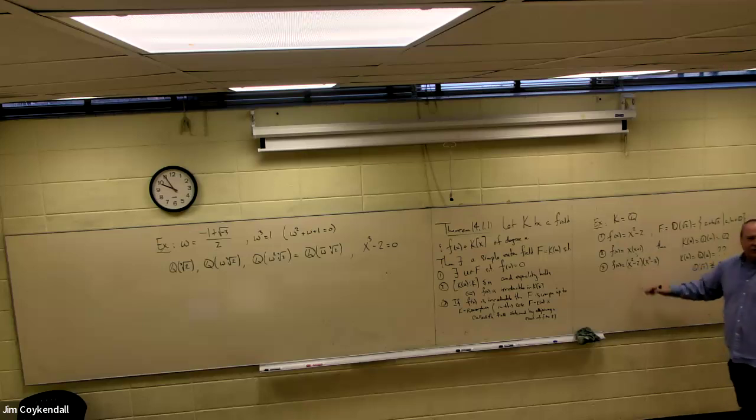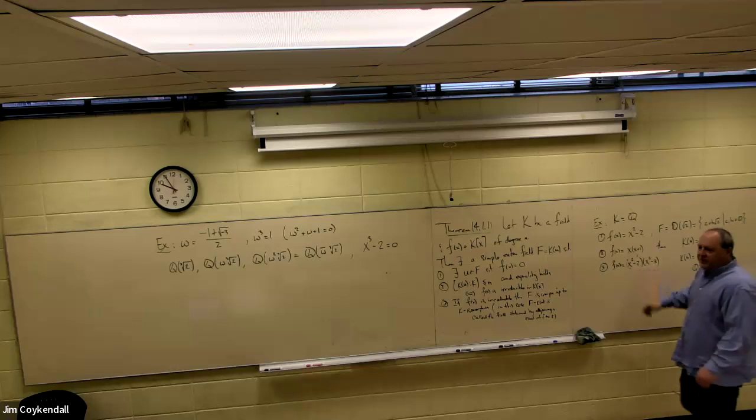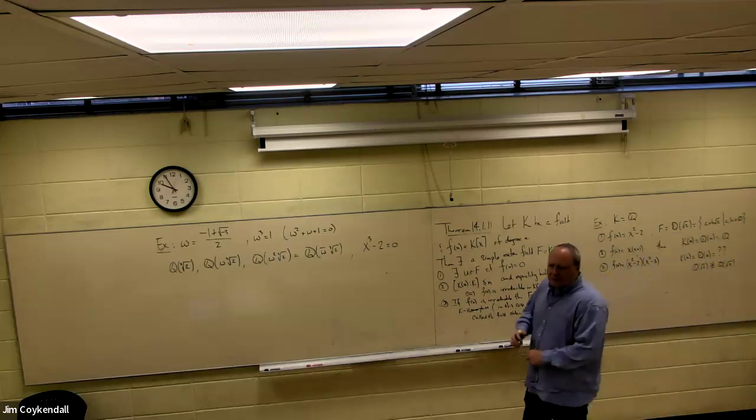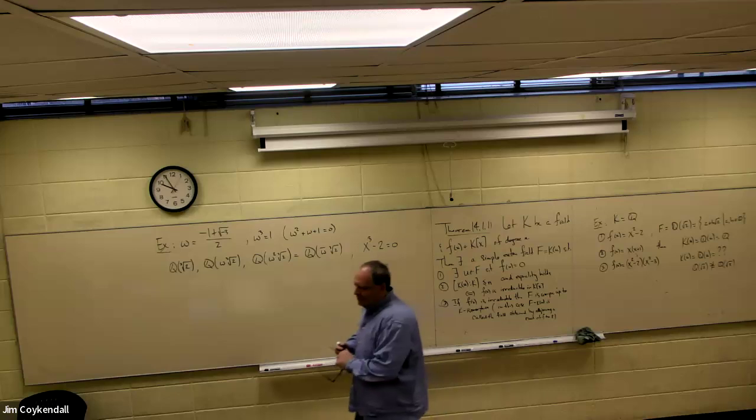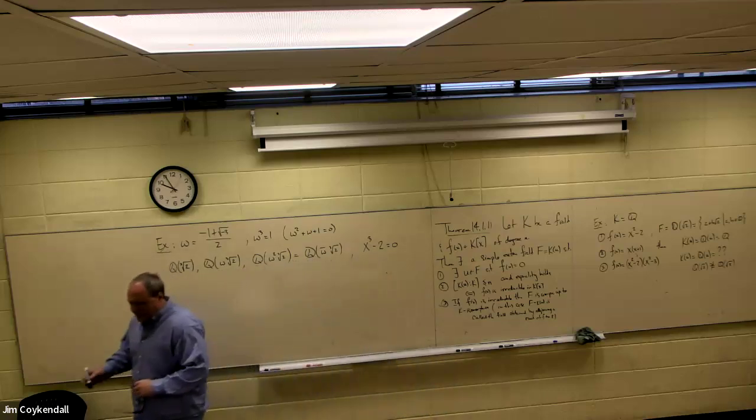So when it's not irreducible, you still might be able to join roots, but you have to be careful and specify which one you're doing, because this has two irreducible pieces, and taking the root of those two gives you different field extensions. I think that's enough for today.